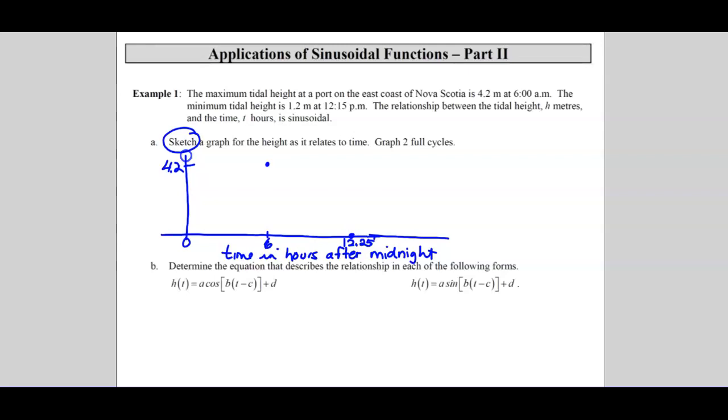You have to convert it to a decimal form. You can't put 12:15, but you can put 12.25. So that is 1.2 meters. So it's about there. And so it's looking like this. Okay. And it's going to repeat.